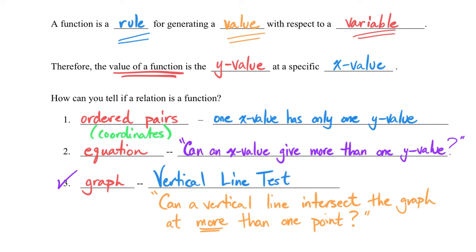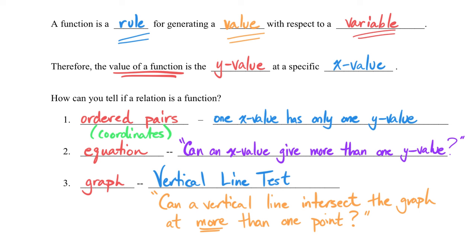The only way a vertical line can hit your graph in more than one spot is if we have points above each other, and we know that means not a function. If you can scan a vertical line across your graph and you never hit 2 or multiple points, then you know, yes, it is a function. That's going to become a really dominant way of looking for whether a relation is a function, probably your go-to, especially when you have a picture.